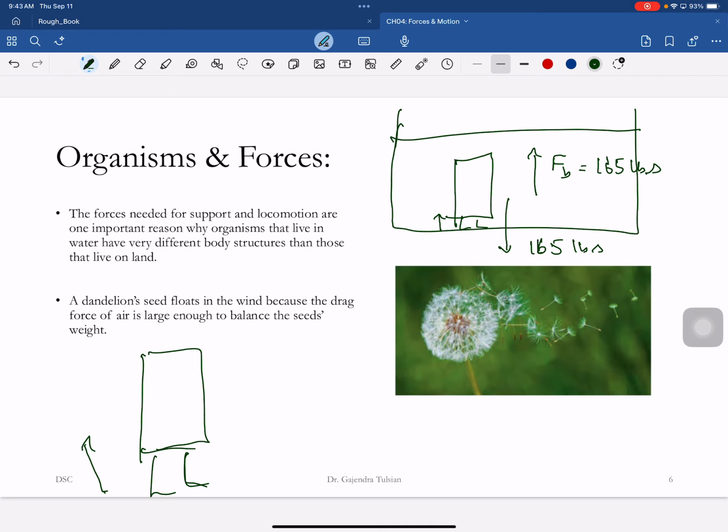So if I live all my life underwater, do I need to have bones this strong? Your body structure is dictated by your environment, by the forces that you have to bear.